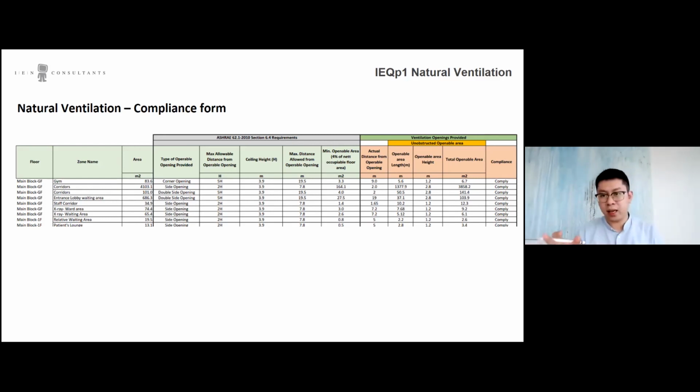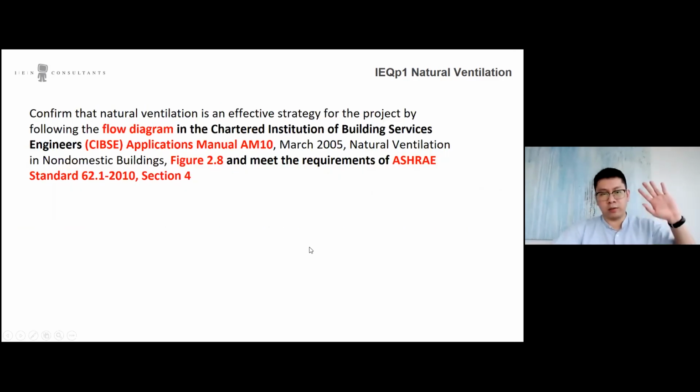On the right-hand side, the ventilation opening provided, how big the opening is, and the actual distance from the opening. At the end, whether it complies or not, this needs to be filled up for the submission. That's the first step on meeting the natural ventilation requirement.